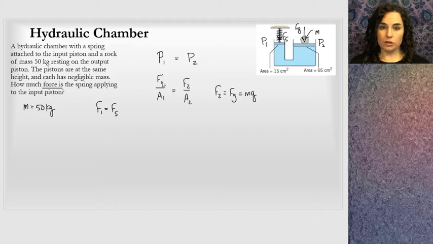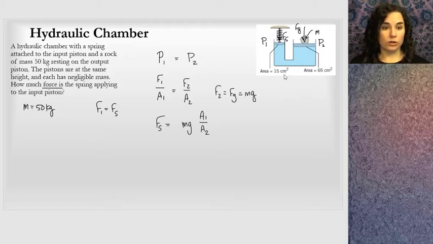It wants how much force the spring is applying, so I'm going to solve for F1. So the spring force has to equal F2, which is mg, times A1 over A2, right? I multiply by A1 on both sides and I get A1 over A2. And I like doing it this way because then I get a proportion of the areas, and it doesn't matter what units the areas are in.